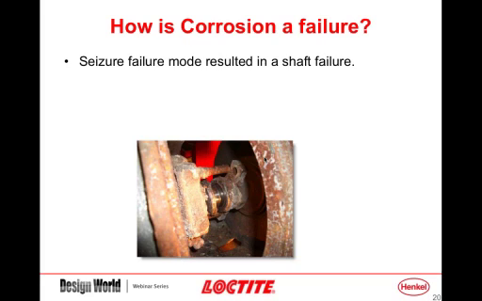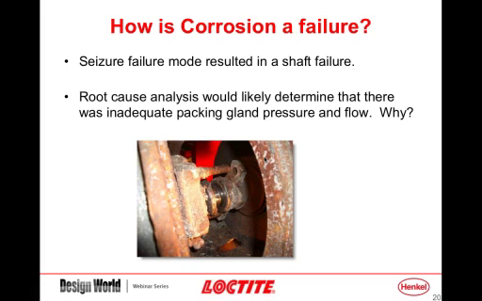And I just chose one sample here, an example, where there was a failure. And again, going back to the original premise of this, oftentimes when people are doing root cause analysis, they only take it to a certain level of what was the failure mode without getting all the way down to the lowest level. In this case, this was a packing nut or a gland on a pump, and the problem that occurred was the shaft corroded.